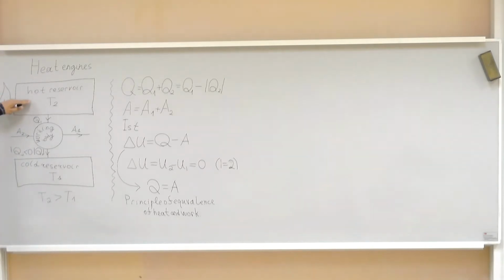And the cold reservoir usually is the atmosphere. This means that the heat Q2 that goes to the cold reservoir is not useful, while it's important how much heat is taken from the hot reservoir.